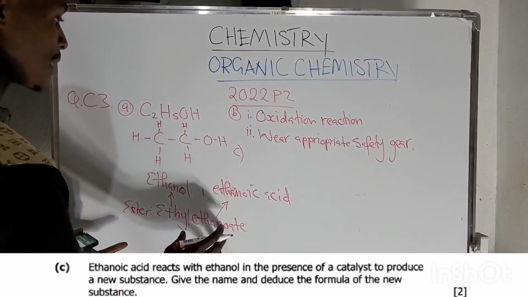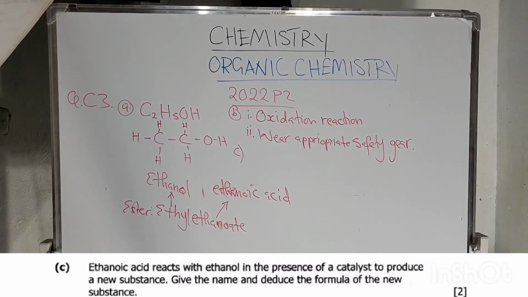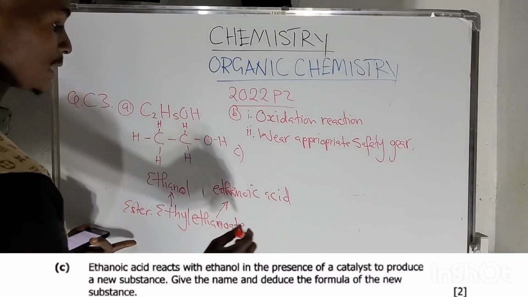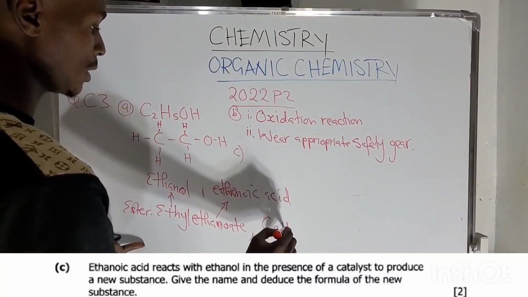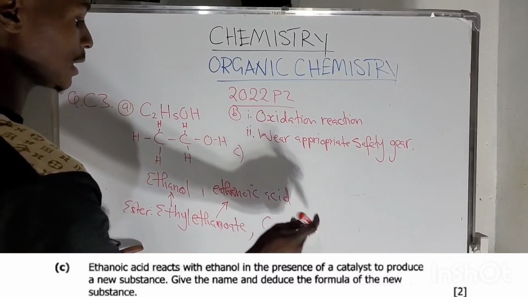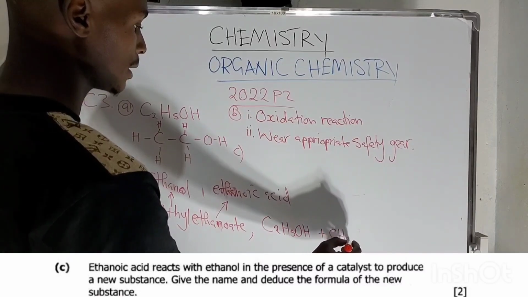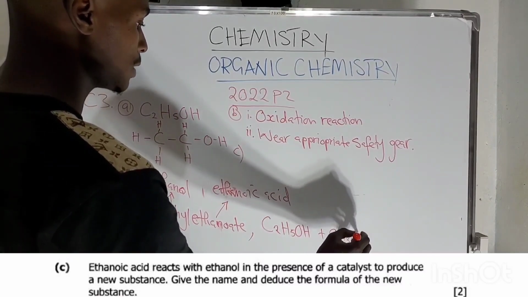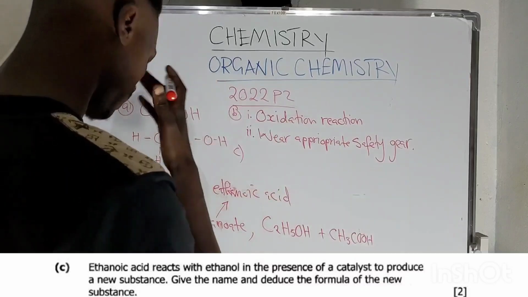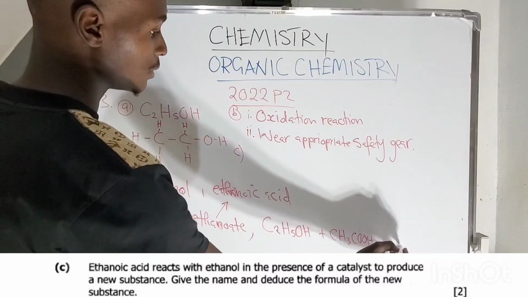Okay, ethyl ethanoate. Water is removed during this reaction. Since ethanol is C2H5OH, and ethanoic acid is CH3COOH, water is formed.